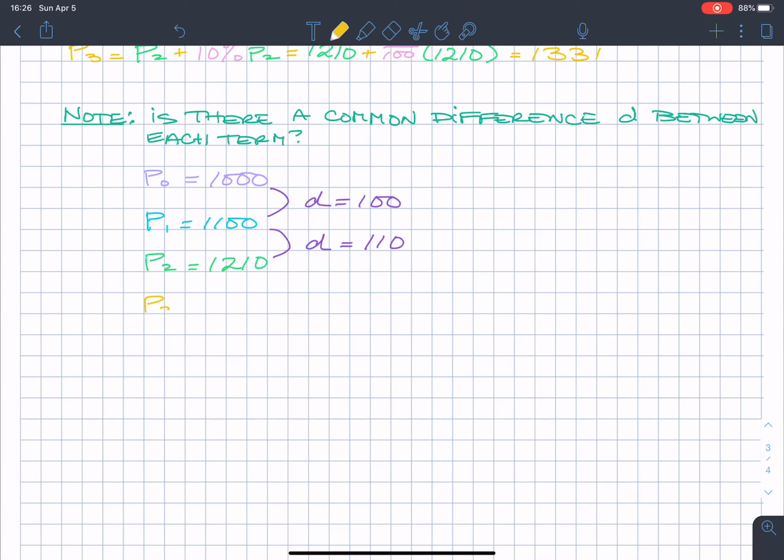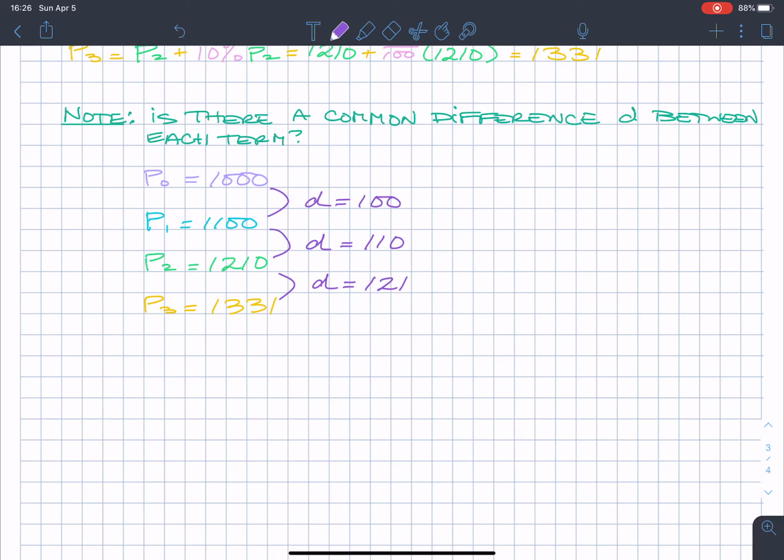P sub 3 was 1,331. So that difference will be what? If I go from 210 to 331, that would be 210 to 310 is 100 plus 21, so 121.